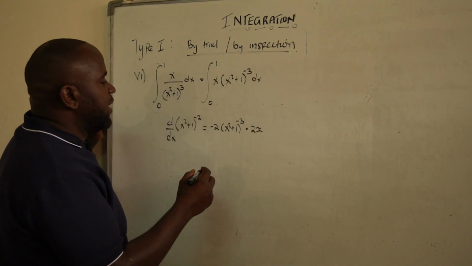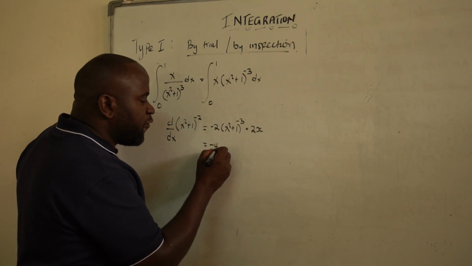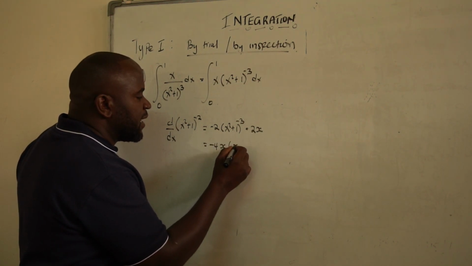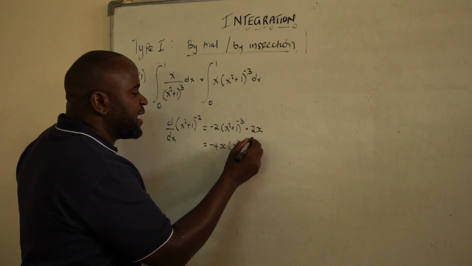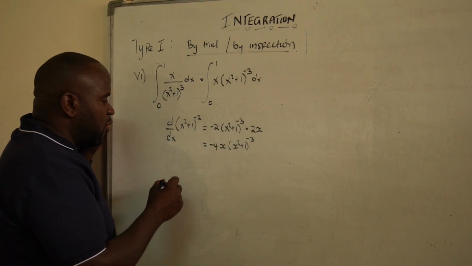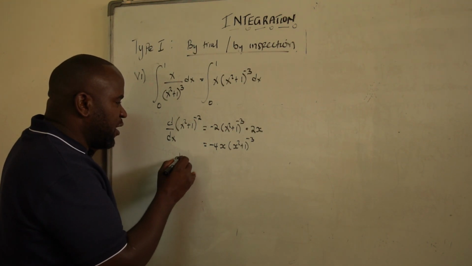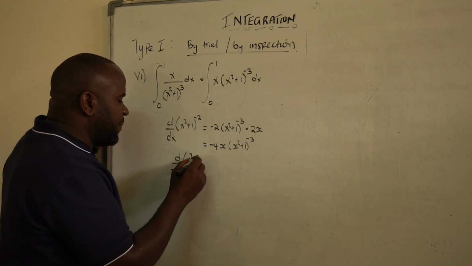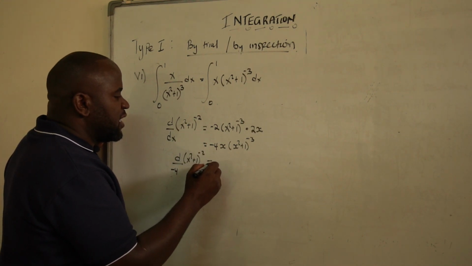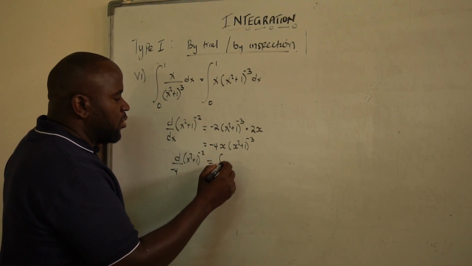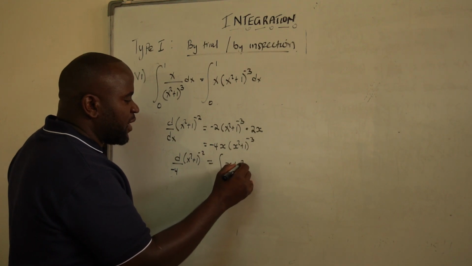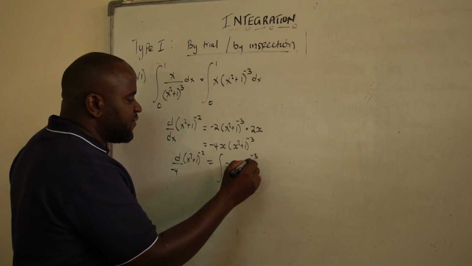Then it is from here that you realize that this is negative 4 of x into x squared plus 1 to the power negative 3. When I split them, I'll have the derivative with negative 4 down, x squared plus 1 up, power negative 2, is equal to the integral of x squared plus 1 power negative 3.